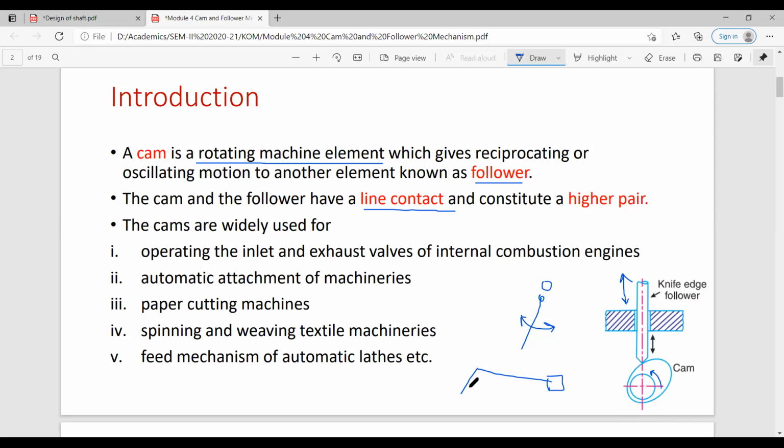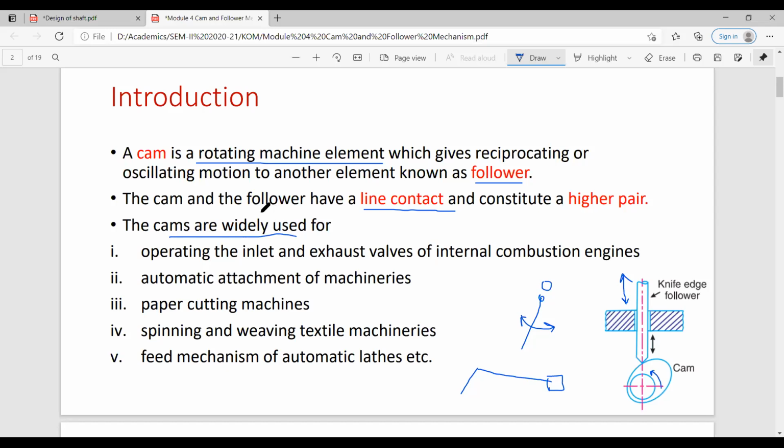To transmit power or convert this rotary motion into reciprocating motion, you need a number of links. But here you are doing it with just two members. That's why cams are widely used.